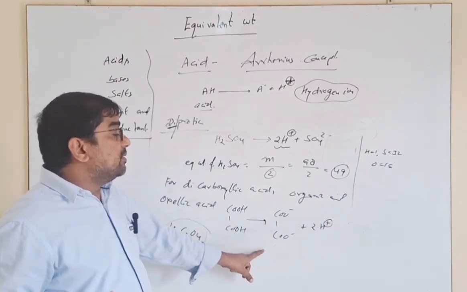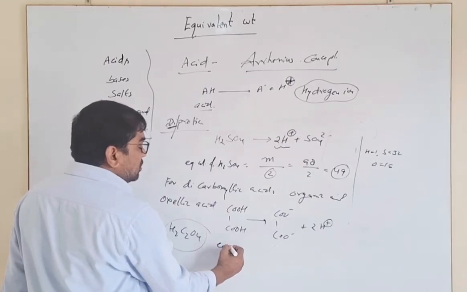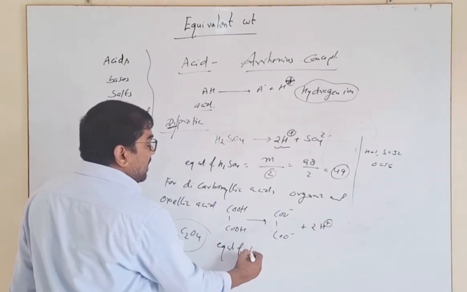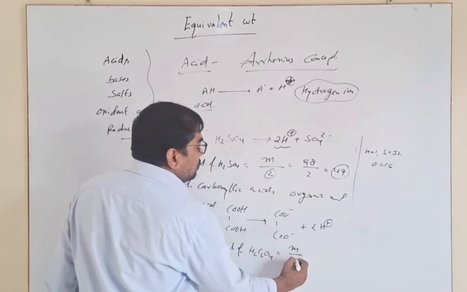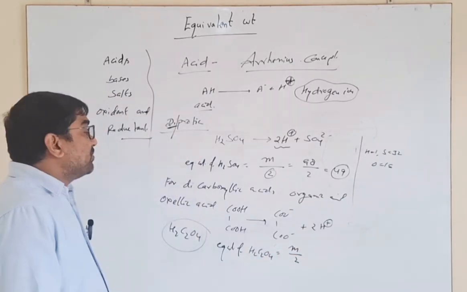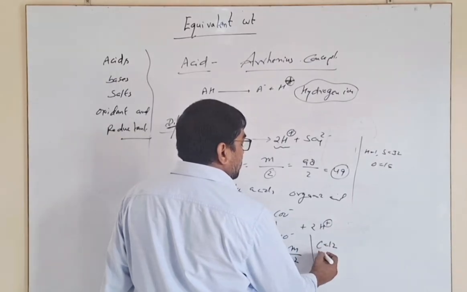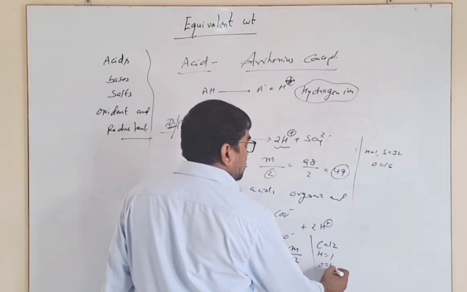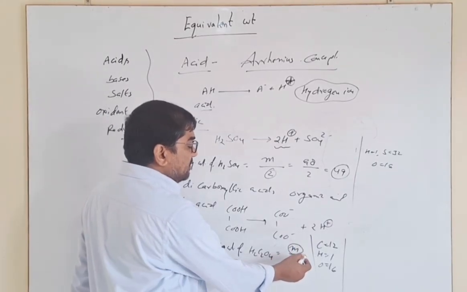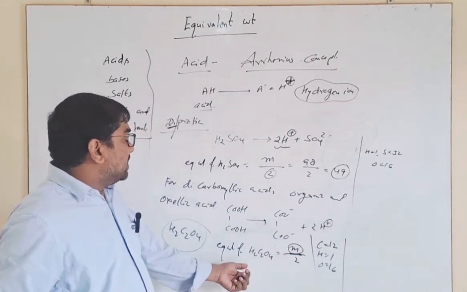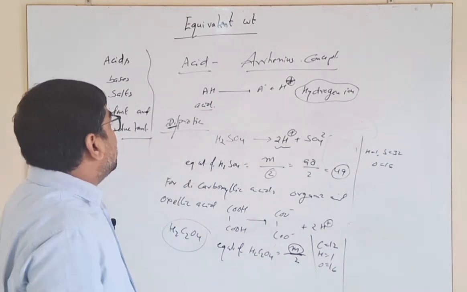Since it's a diprotic acid, the equivalent weight of H2C2O4 will be its molecular weight divided by 2. We know carbon has atomic mass 12, hydrogen 1, oxygen 16. Putting in the values, the molecular weight will be found and divided by 2. So ultimately we can find the equivalent weight of oxalic acid.